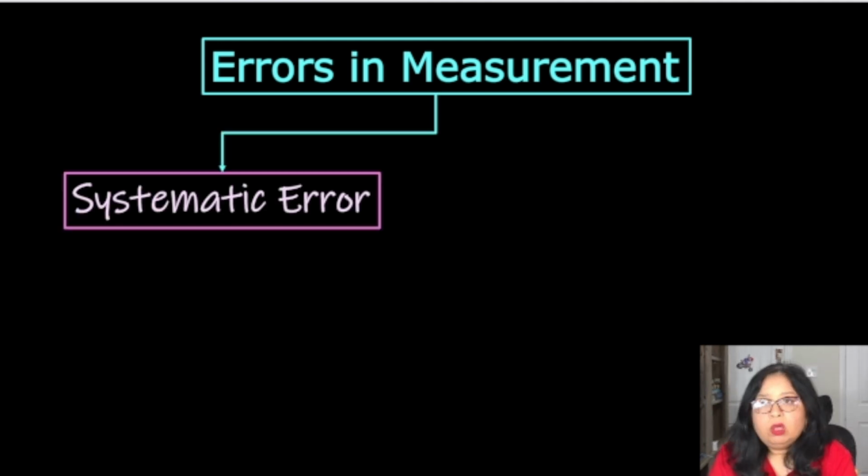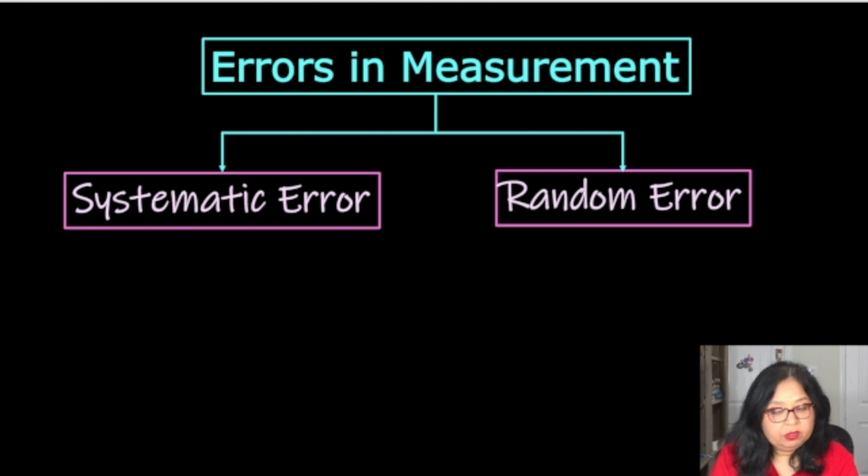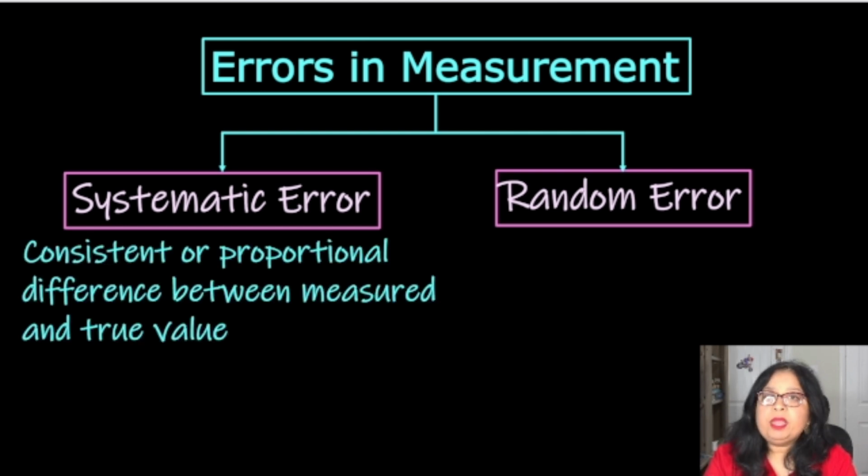In general, the errors are of 2 kinds, systematic errors and random errors. Systematic errors, as the name indicates, will have some kind of system or pattern. They will display a consistent or proportional offset between the measured value and the true value.